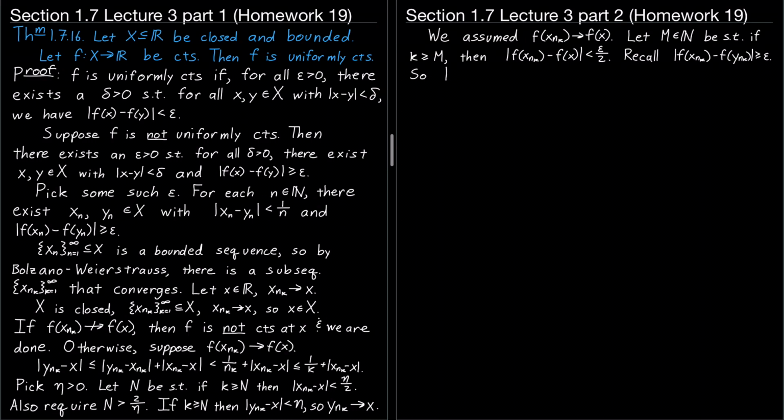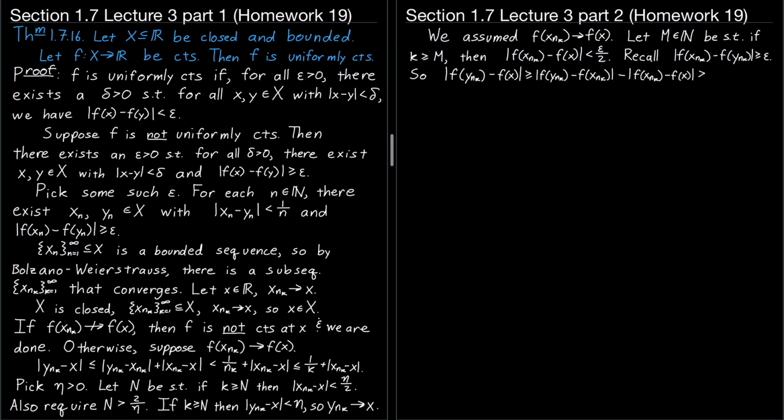So |f(y_{n_k}) - f(x)|, by the reverse triangle inequality, that's at least |f(y_{n_k}) - f(x_{n_k})|, then you subtract off |f(x_{n_k}) - f(x)|.